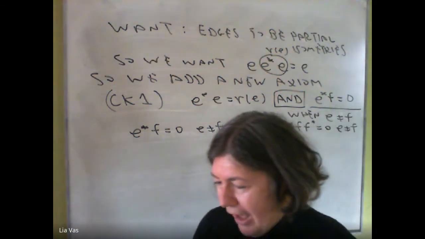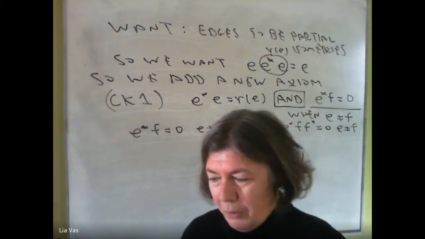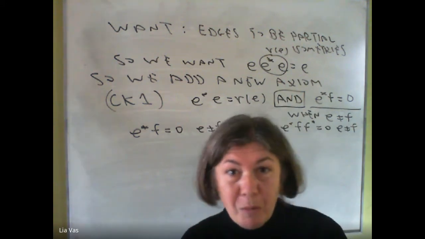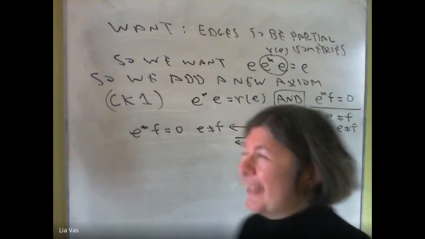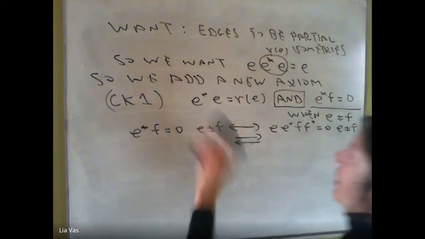Okay, so now we have the whole axiom in front of us. So one more to go, the last axiom. Let's talk about Ck2 axiom. Let me erase Ck1.